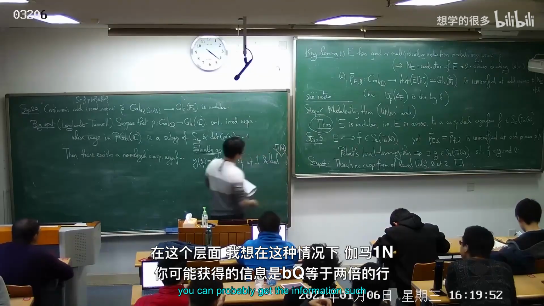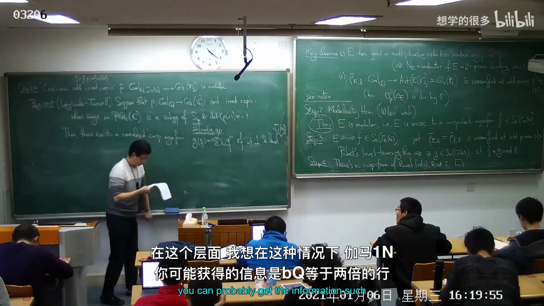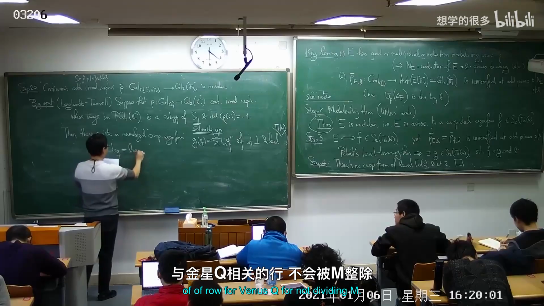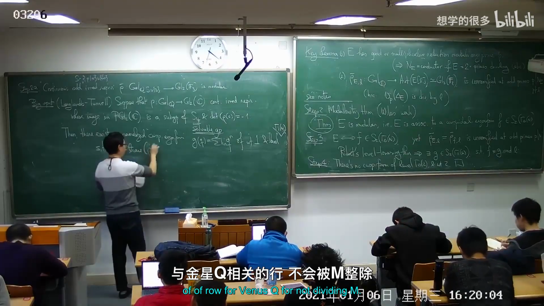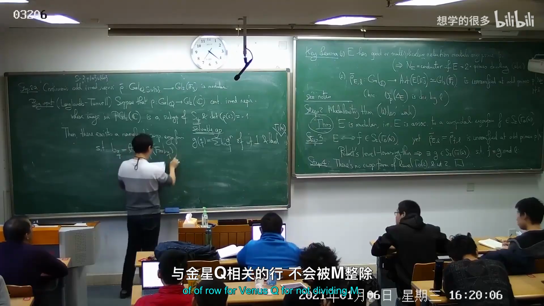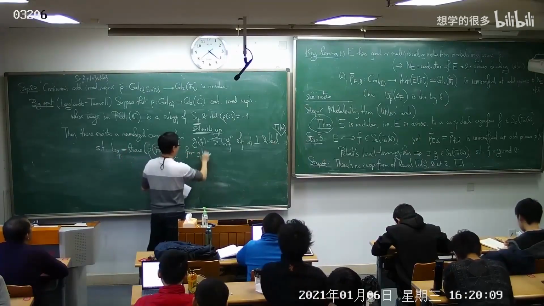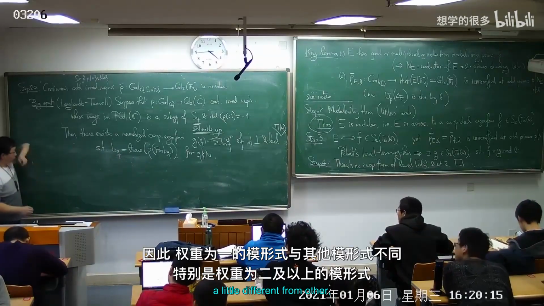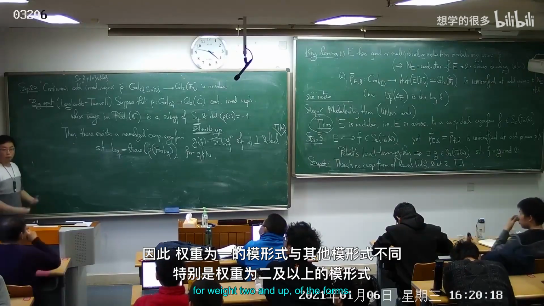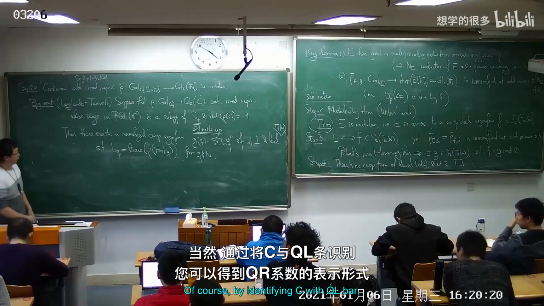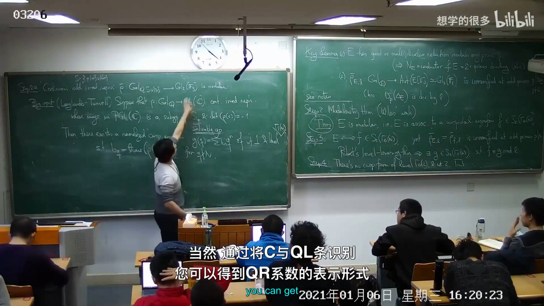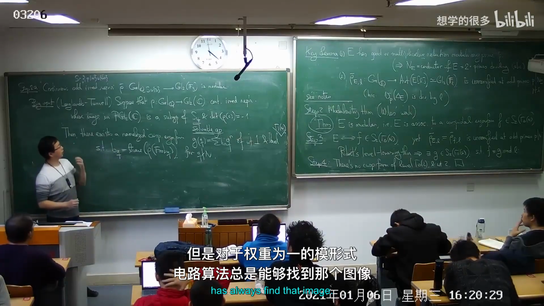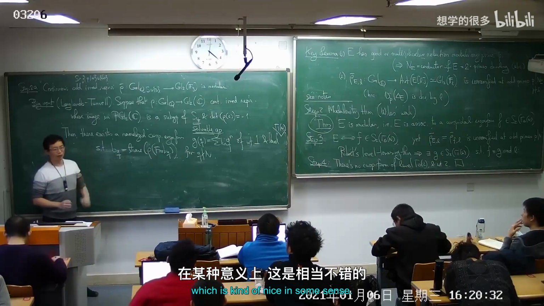You can probably get the information such that a_q is equal to the trace of rho of Frobenius at q for q not dividing N. So a weight 1 modular form is a little different from weight 2 and up. Of course, by identifying C with Q_l bar, you can get a Q_l coefficient representation. But for a weight 1 modular form, the associated Galois representation always has finite image, which is kind of nice in some sense.